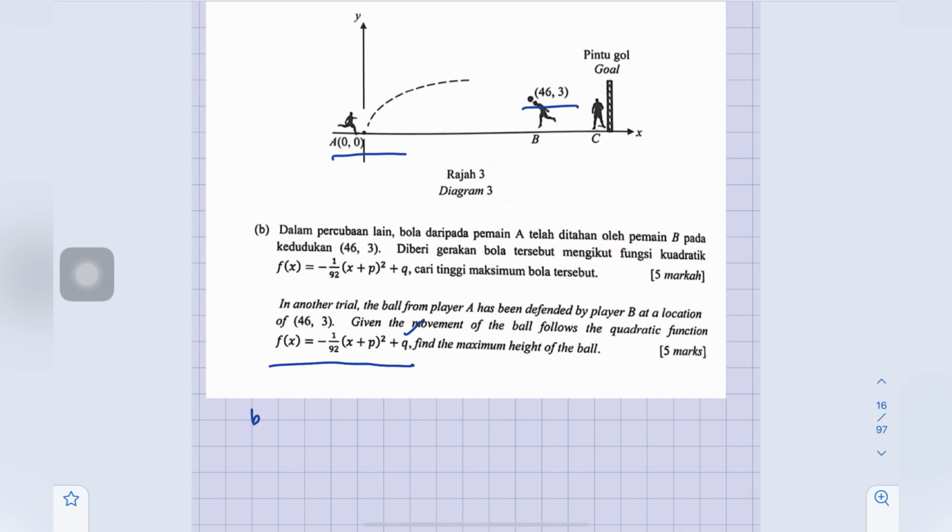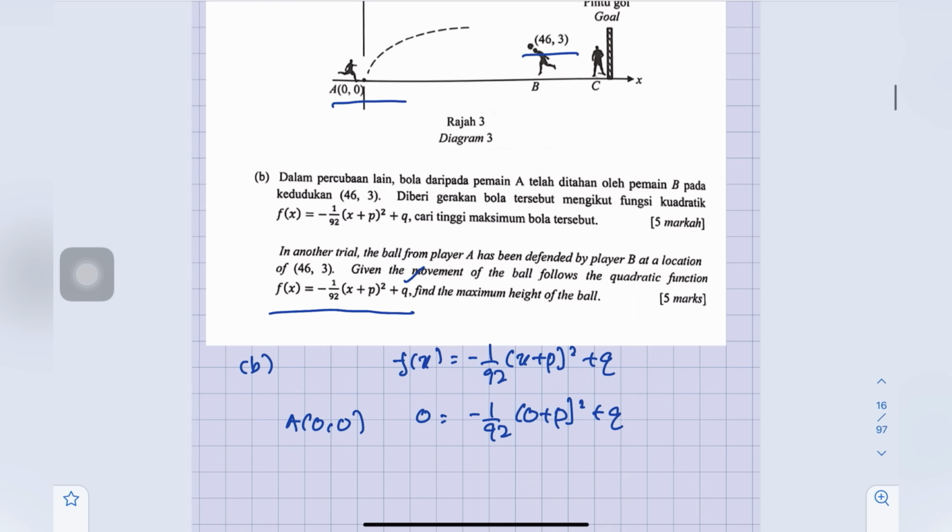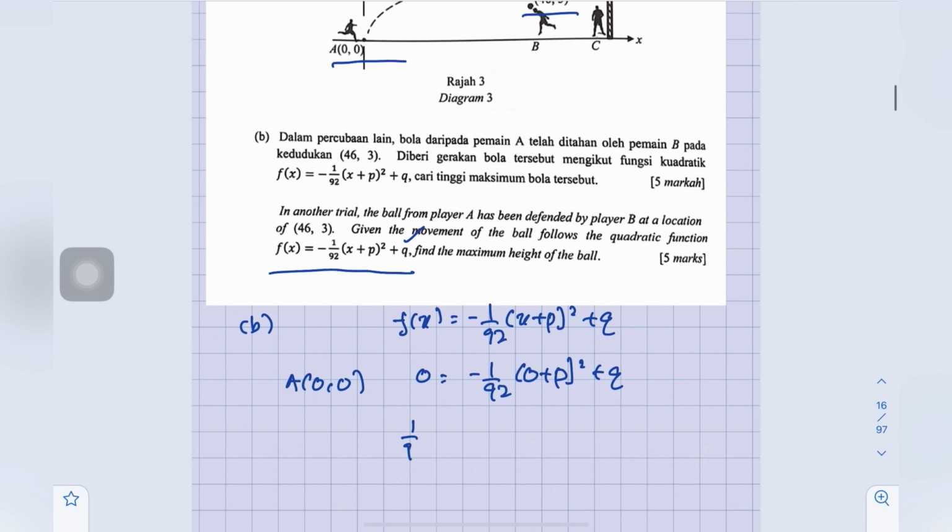Firstly, we have f(x) = -1/92 (x + p)² + q. Point A, (0, 0): substitute 0, -1/92 (0 + p)² + q. So here p² equals q. This is equation number 1.